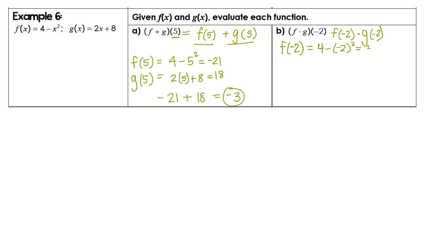And that's going to be a 4 minus 4, so that's going to give us 0. And then we need to do g at negative 2. And g at negative 2 is going to be 2 times negative 2 plus 8. And so that looks like that's going to be 4. And so f at negative 2 times g at negative 2 is really just going to be 0 times 4, and that's going to give us 0.